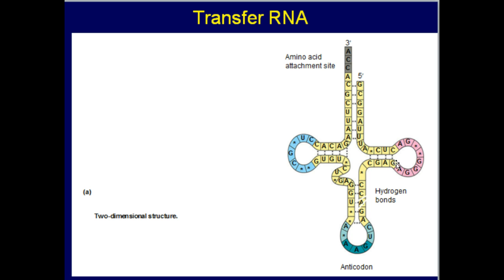Now, the anticodon triplet is unique to each tRNA type. Write that down. So the anticodon triplet, in this case AAG, is unique to each tRNA type. Anticodon triplet. Big name, huh?